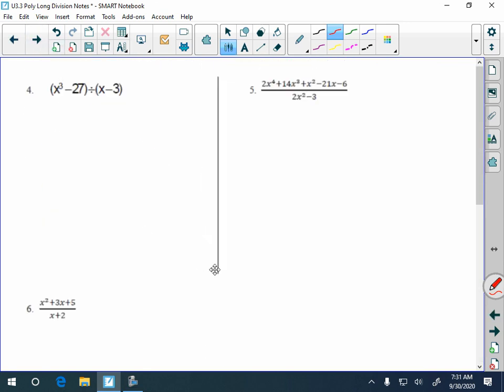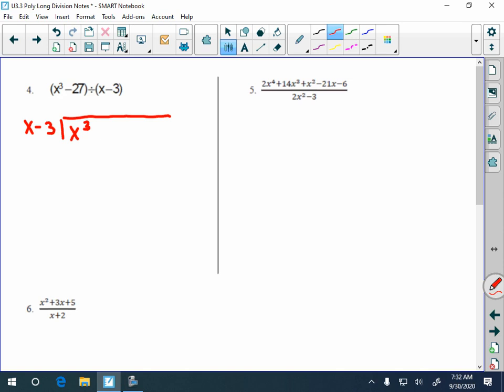All right, so let's keep going. Number 4. So here we have x to the third minus 27 divided by x minus 3. So the x minus 3 will go on the outside. Now, we're starting with an x to the third, and we're going all the way down to the constant term, so that means that we're missing some exponents.